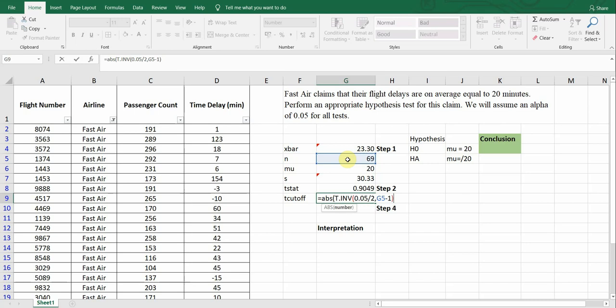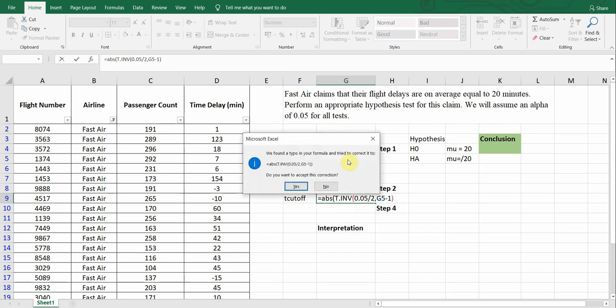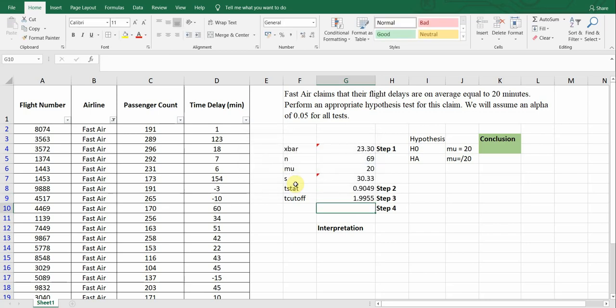Now when we click on enter, we get the t cutoff as 1.9955. So the cutoff values will be plus 1.9955 and minus 1.9955.